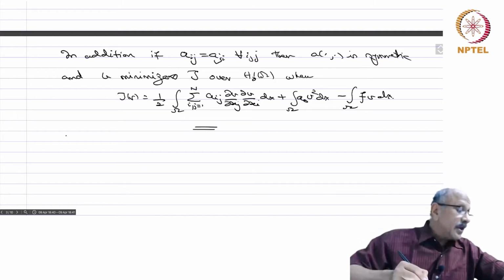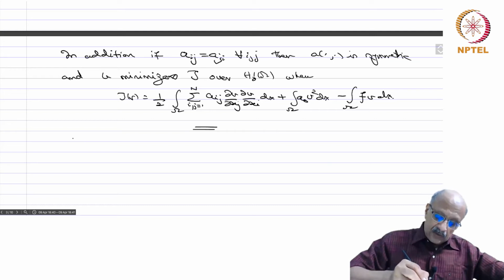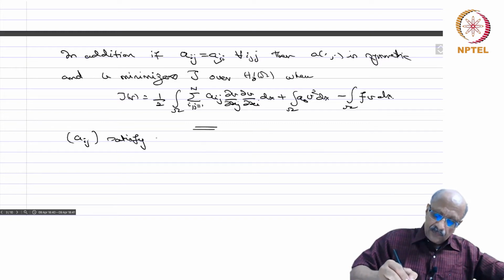More generally, we can consider the following. Aij satisfies the ellipticity condition.